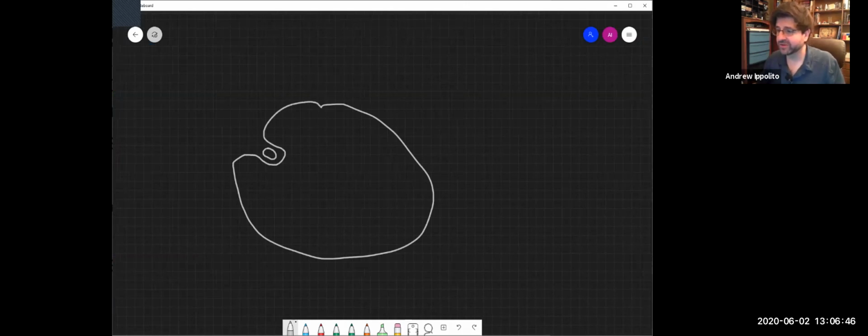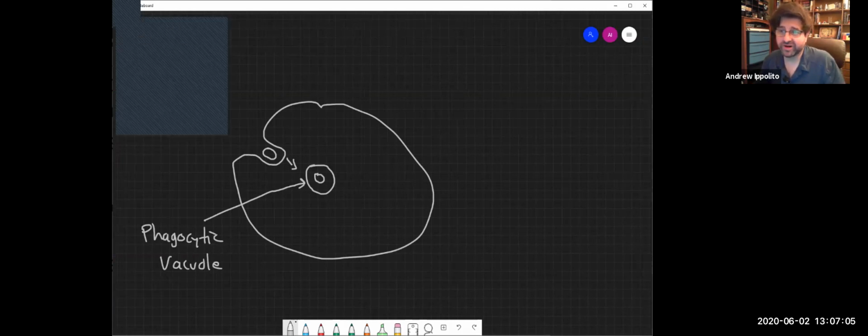So it brings it into the cell. We now call this thing a phagocytic vacuole. It contains a bacterial cell or whatever it brought, maybe food.